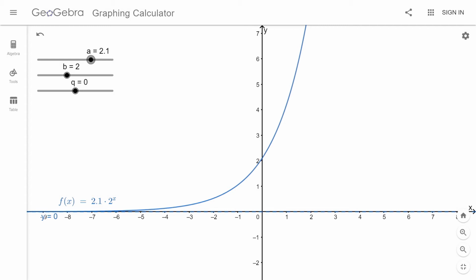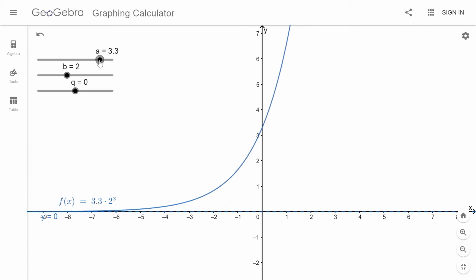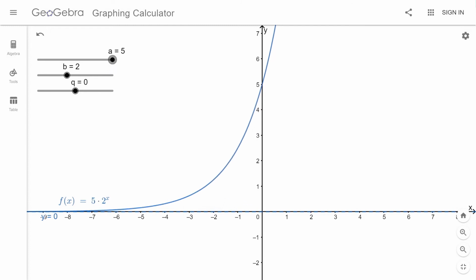So if I make f of x is equal to 2.1 times 2 to the power of x, the graph you can see is becoming steeper, so it's increasing at a faster rate. All right, and if we take it all the way to 5, you can see that the graph is now a lot steeper. So the value of a will affect the steepness of the graph.